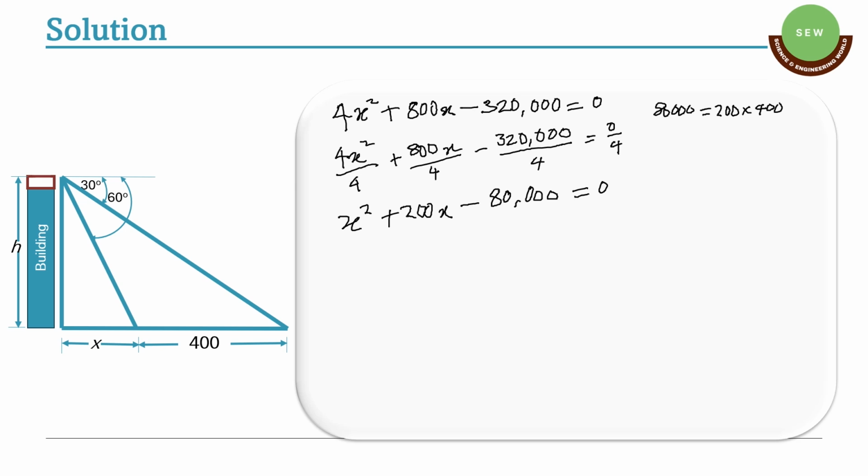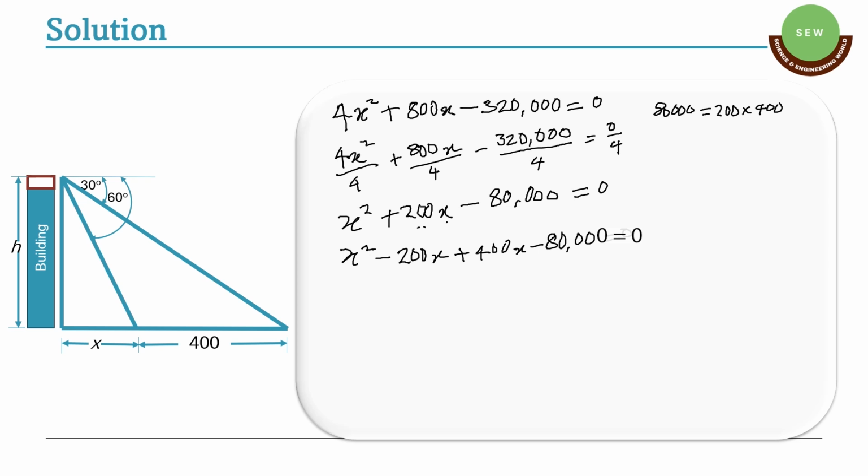If I take 200 from 400, I'm going to get 200, which is what is going to give me this. So I can now factorize and say that x squared minus 200x plus 400x minus 80,000 will be equal to 0.